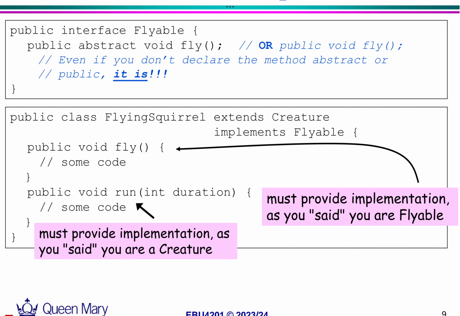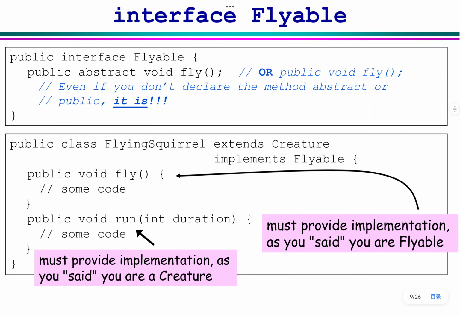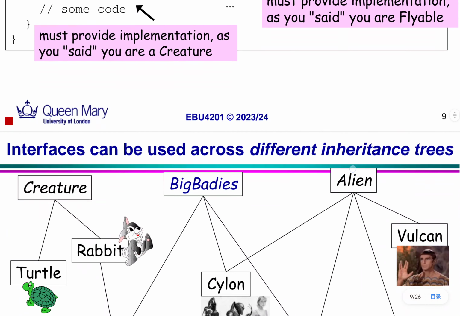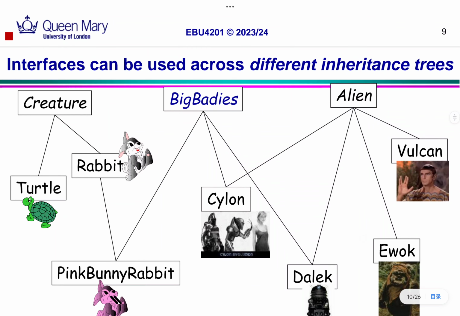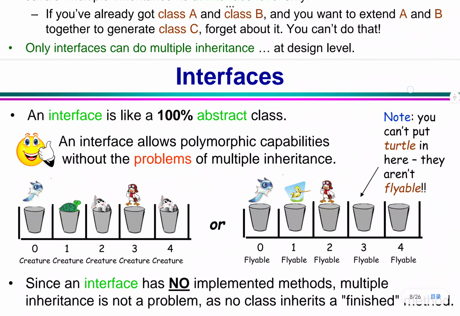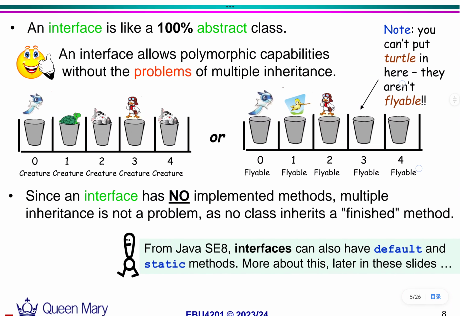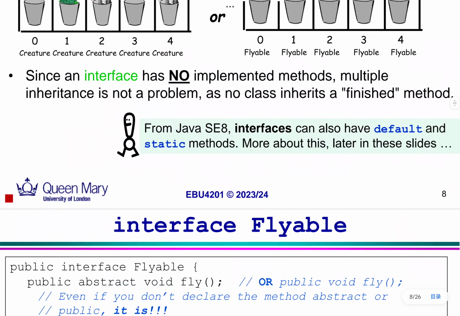It must provide an implementation as you said you are flyable. And the run is just that you are a creature that you can run. The interface can be used across different classes, we don't use implements because these are just the basic attributes. Since an interface has no implemented method, multiple interface is not a problem.